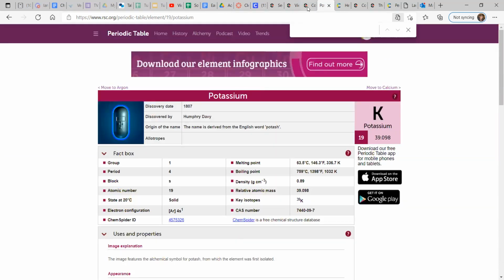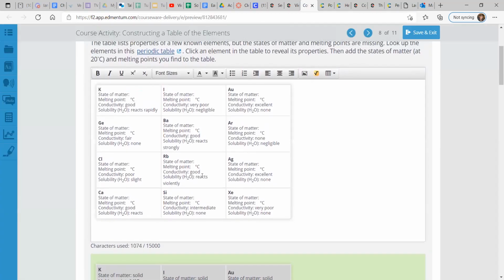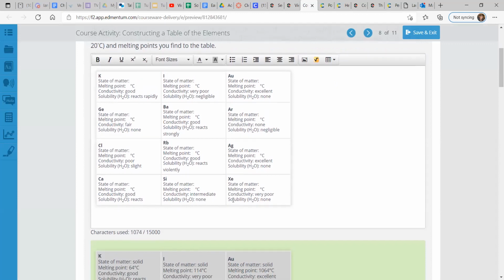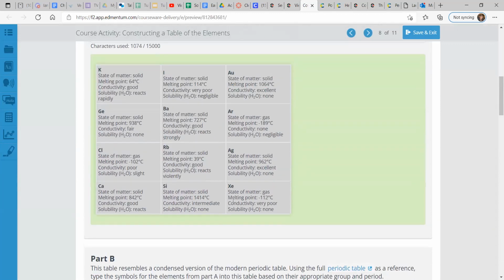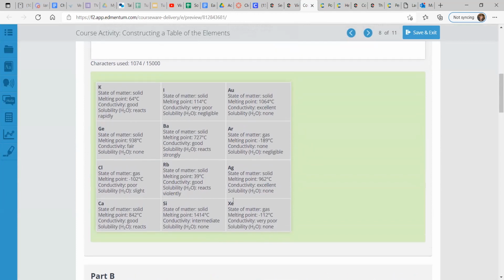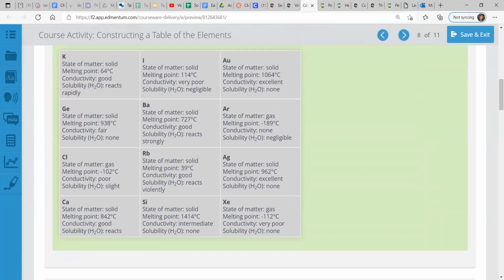So this is one source. And here I have the actual information written down already, if you want to take a look at that. But that source or resource is how we look up this information. And you can also use other sources as well.